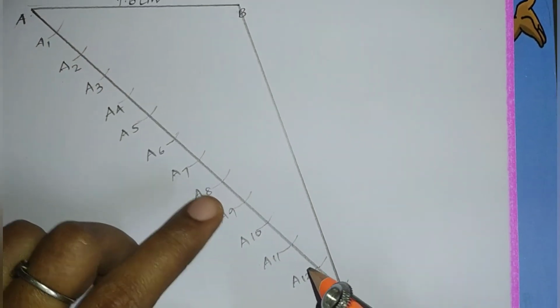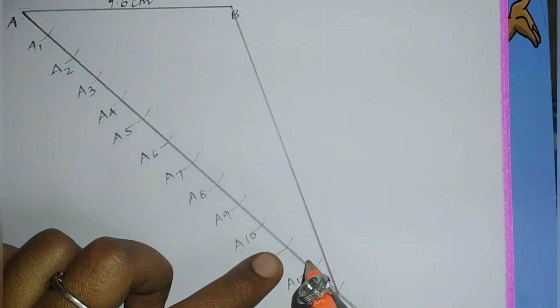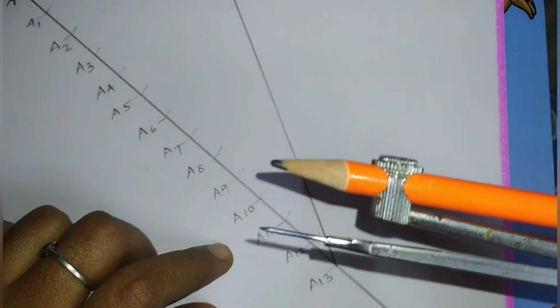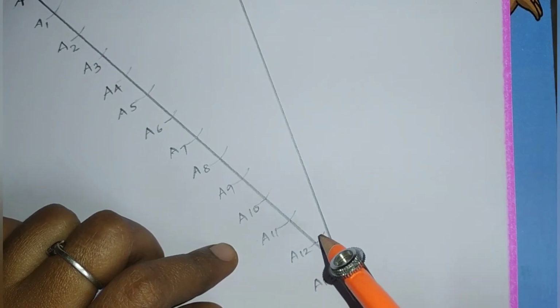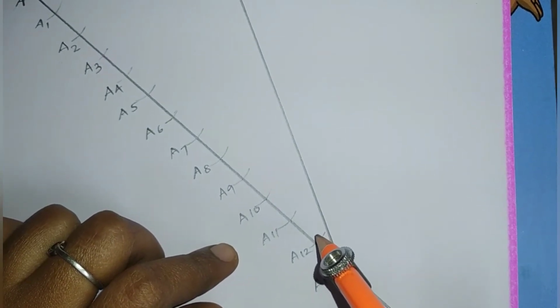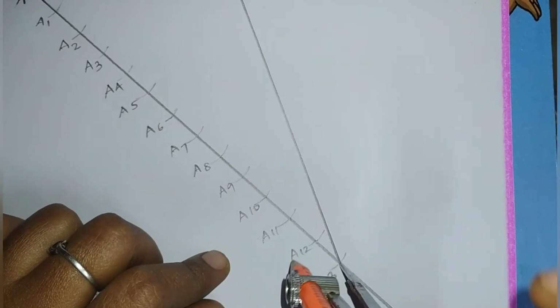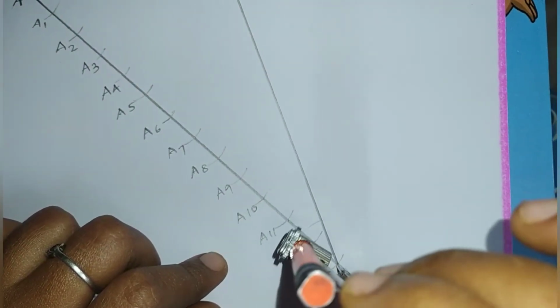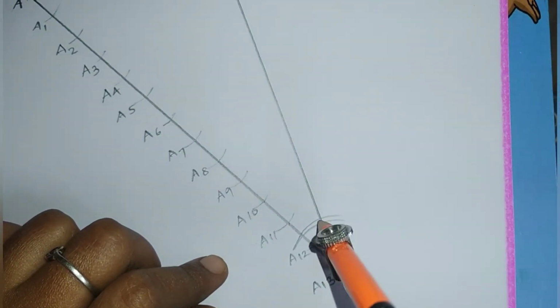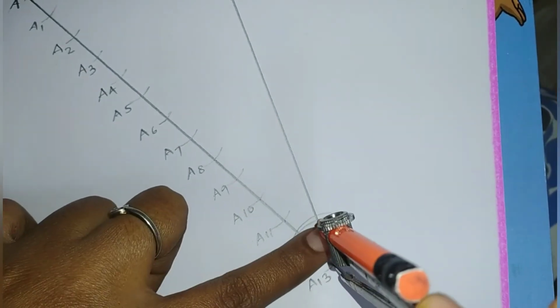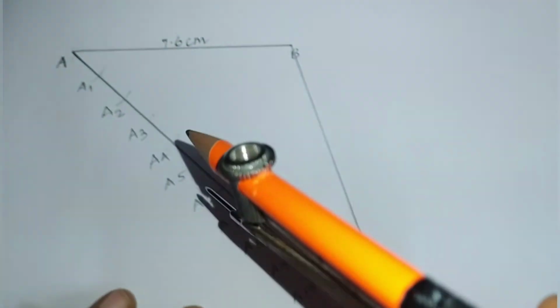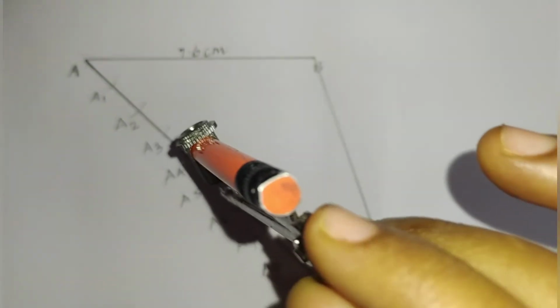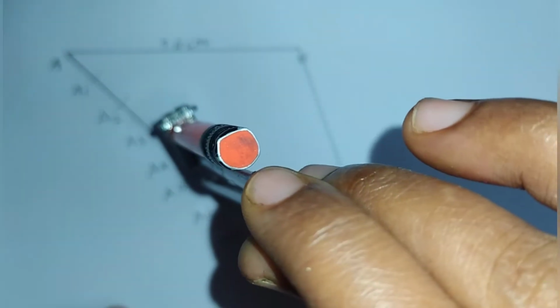Take some measure in the compass, keep it at A13 and cut an arc. After that, without changing that measurement, from A5 you have to cut another arc.